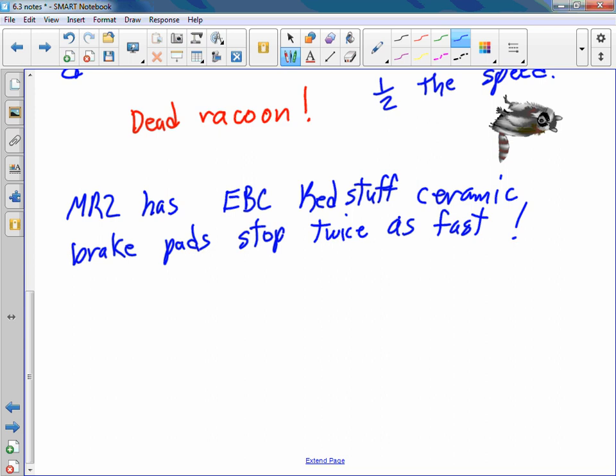Do you think it does? Well, that means if you stop twice as fast that the acceleration will be no longer negative 16, but it'll be negative 32. What do we have?